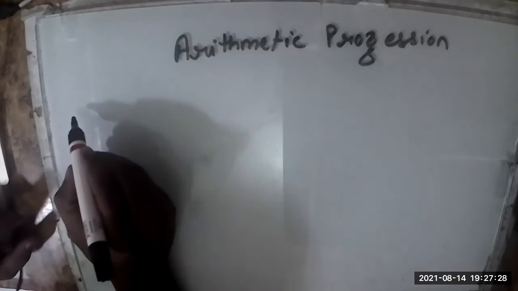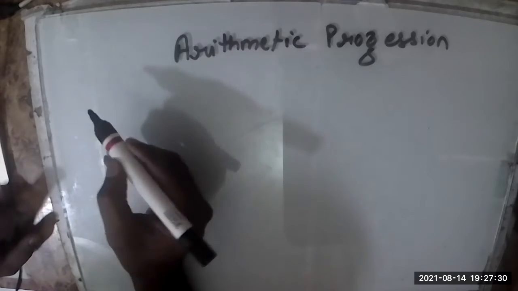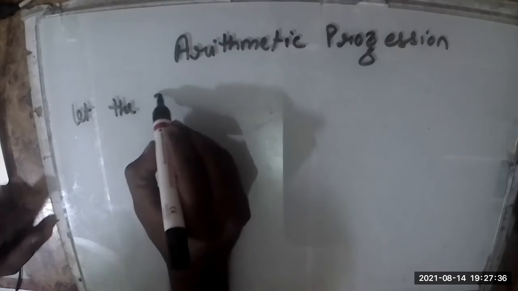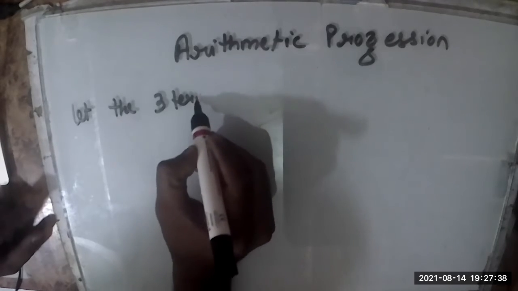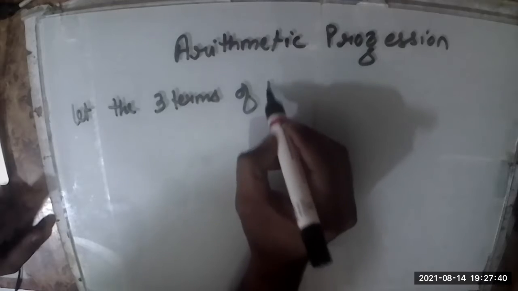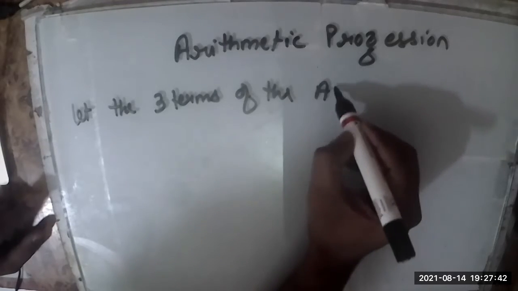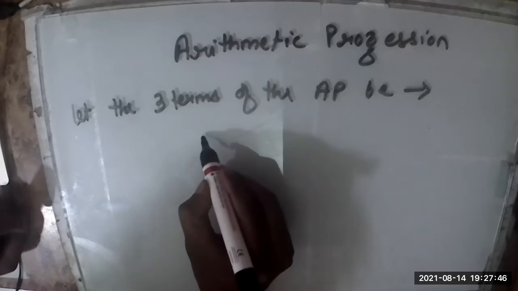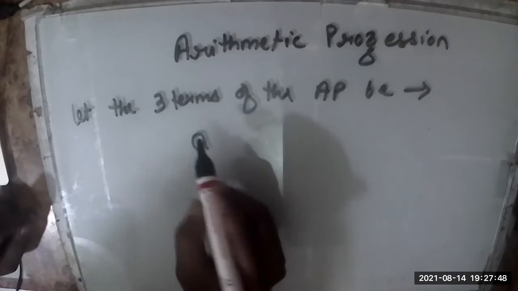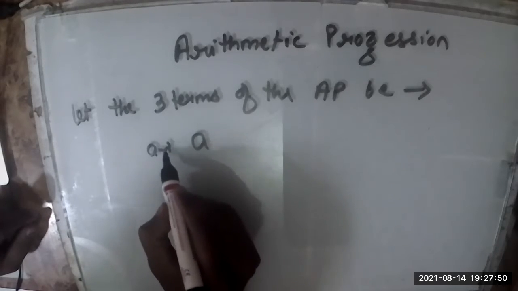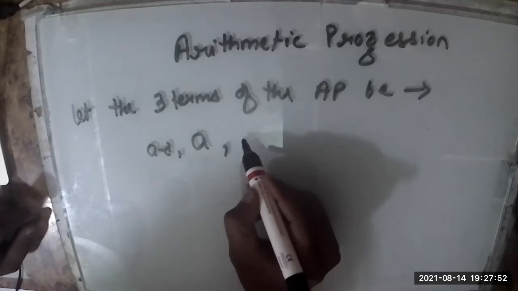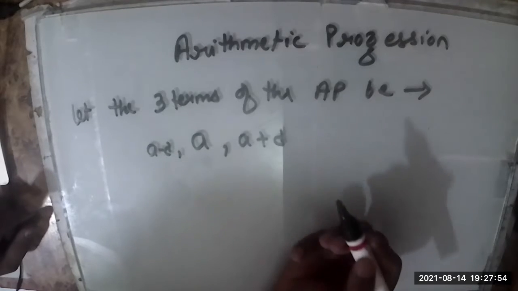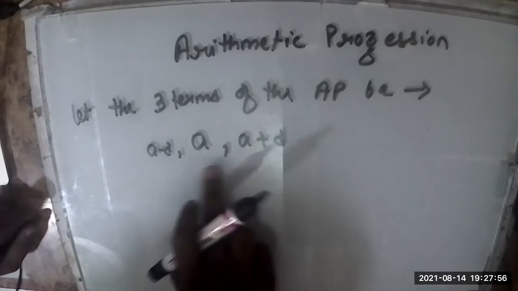If you have to assume three terms of the arithmetic progression, let the three terms of the AP be as follows. The middle term will be A, the preceding term will be A minus D, and the following term will be A plus D. Three terms we always assume in this way.